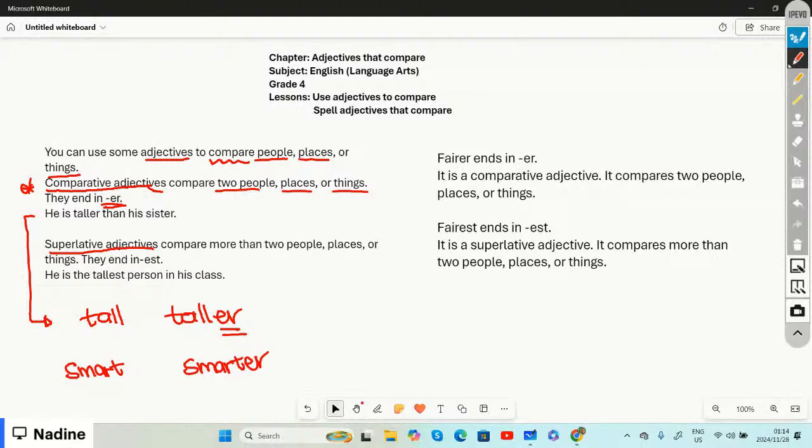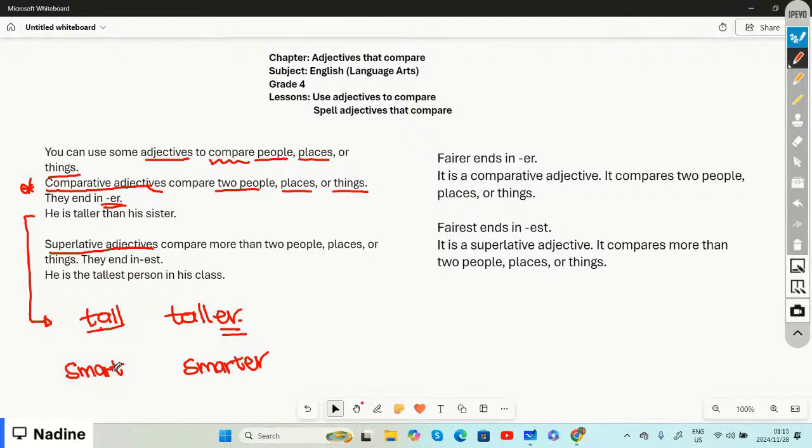So with comparative adjectives, we are comparing two people, two places, or two things. Here we made an example. Someone is tall, but if you compare that person to another person, then we can say he's tall, but his friend is taller.